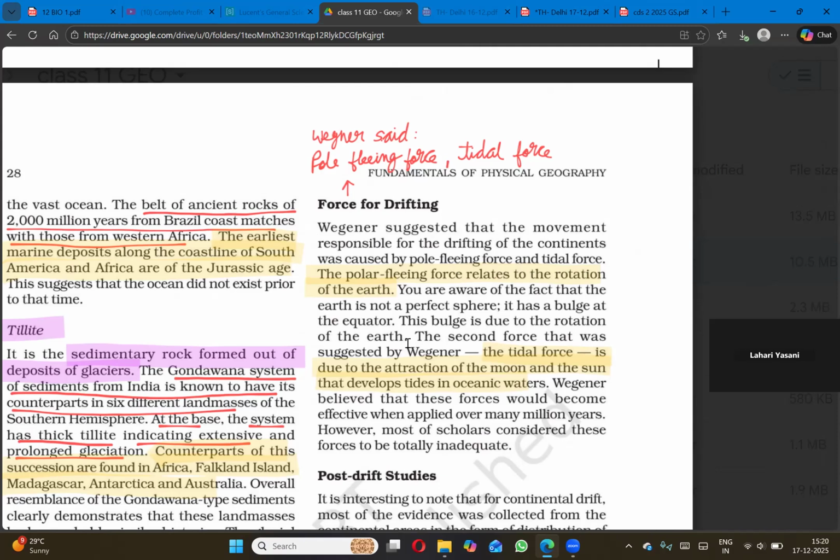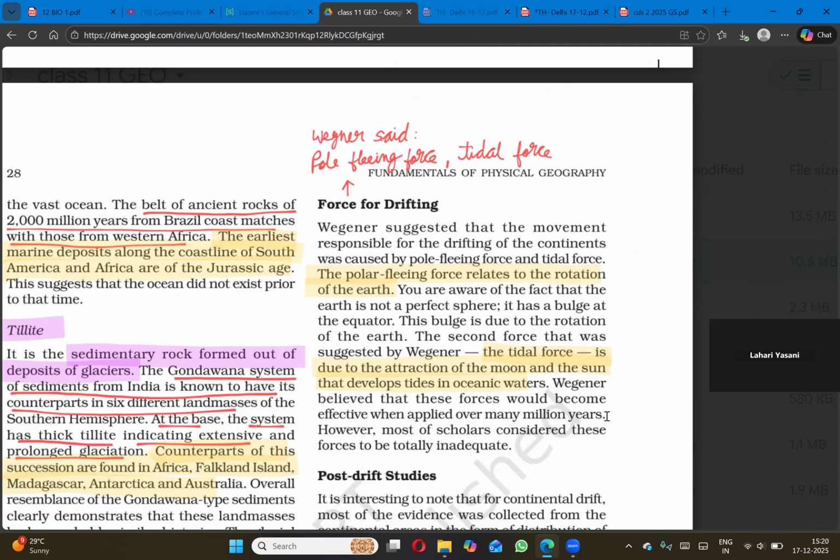And the second force suggested by Wegener is tidal force. What is tidal force? It is the force of attraction which arises due to the attraction of the moon and the sun that develop tides in oceanic waters. Wegener believed that these forces would become effective when applied over many million years. We know comparatively to other forces, the effect of these forces is minimal.